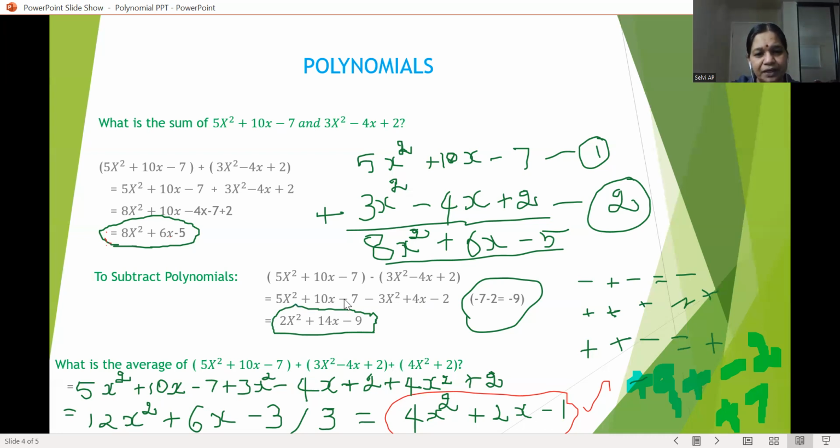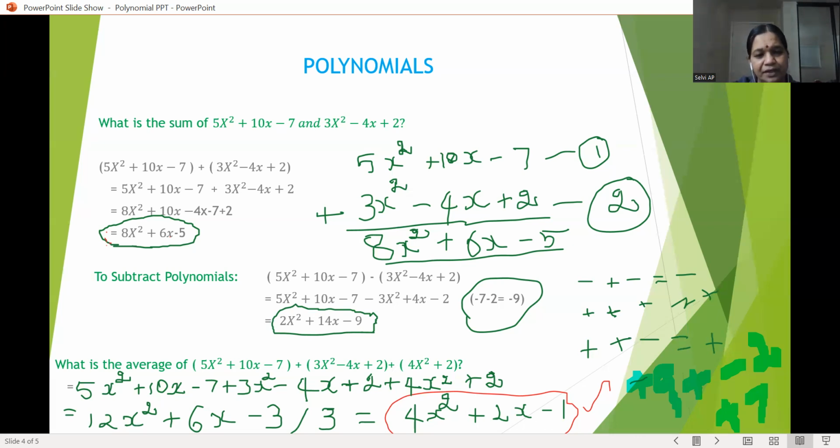Now when you simplify, we are going to combine the terms based on the variable and exponent. See here, plus 5x² and minus 3x². The variable is the same and the exponent value is also the same, so you can combine them. 5x² minus 3x² gives 2x². With plus and minus, you put the sign of the larger number.